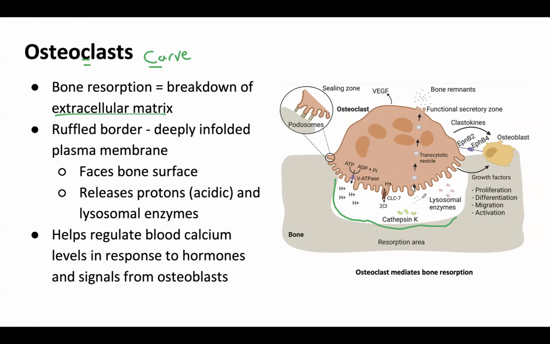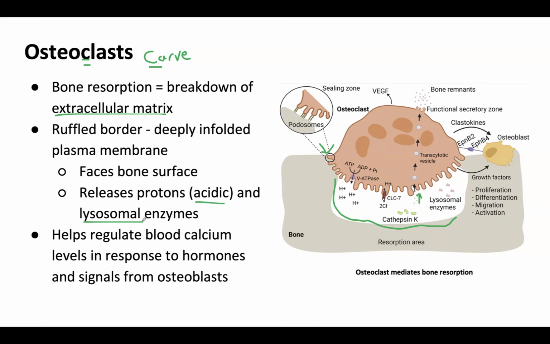Now, this resorption occurs at the ruffled border of the osteoclast, which is a deeply infolded plasma membrane that's going to face the surface of the bone. And the osteoclast will release protons to create an acidic environment, which is important for breaking down the bone minerals or that inorganic component. It will also release lysosomal enzymes to break down the organic material. So it will do both. It will break down all components of the extracellular matrix.